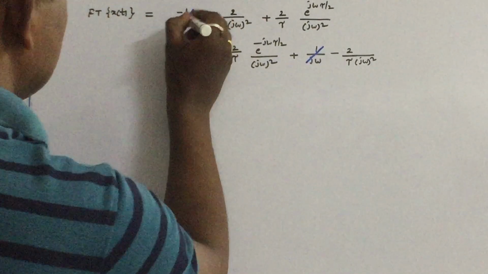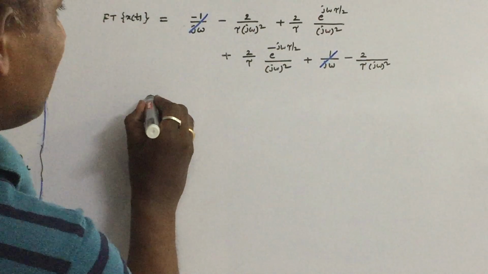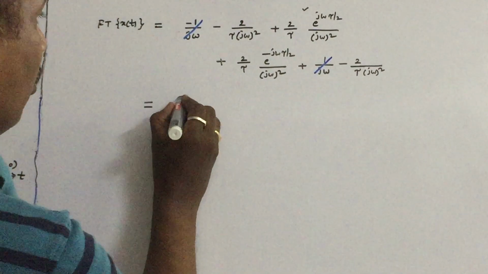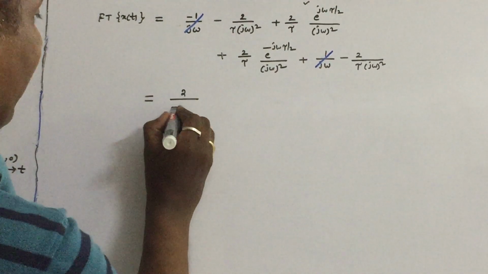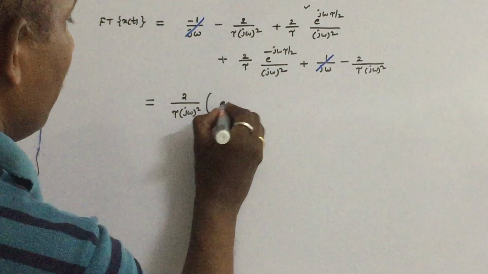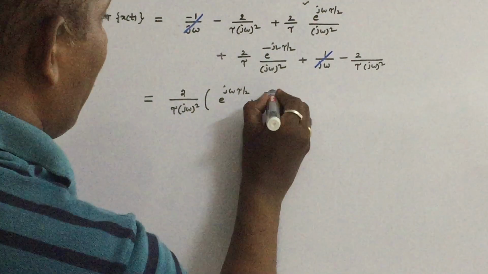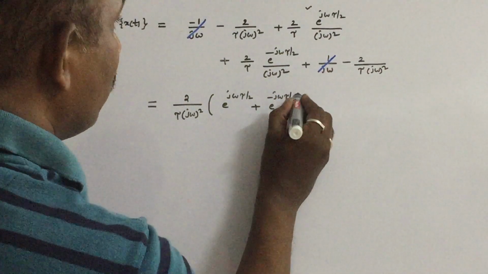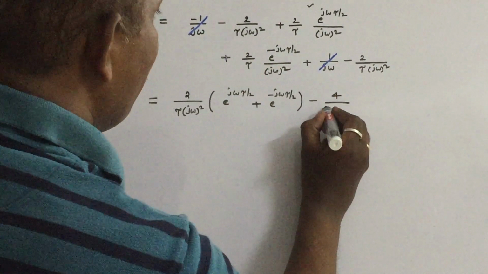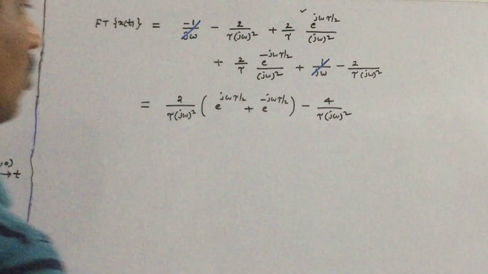This term and this term get cancelled out. This term and this term get cancelled out. From these two terms take 2 by tau j omega square as common. Here the first term is e power j omega tau by 2 plus e power minus j omega tau by 2. The second term is minus 4 by tau j omega whole square.